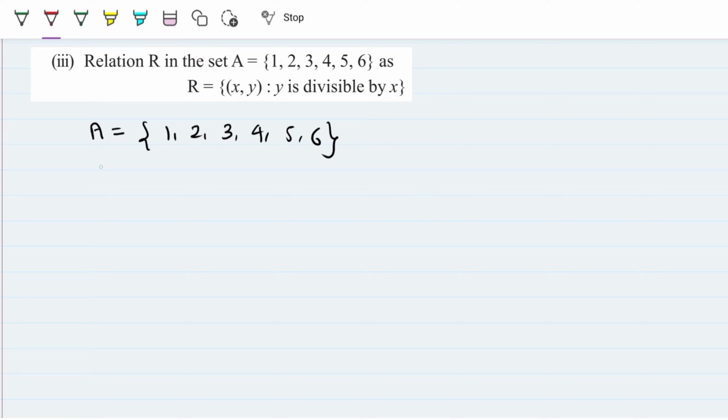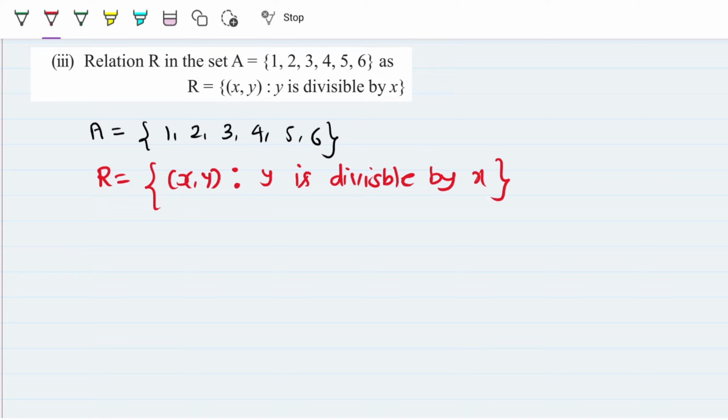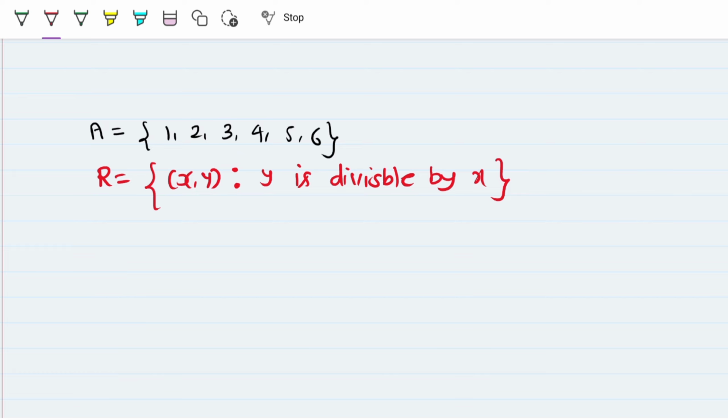And how is the relation defined on this given set A? In the relation, the ordered pair (x, y) is such that y is divisible by x. This is how your relation is defined. If y is divisible by x, what is the meaning?